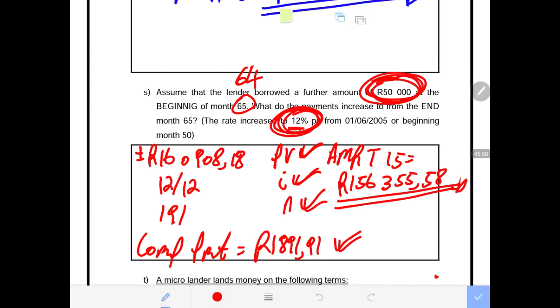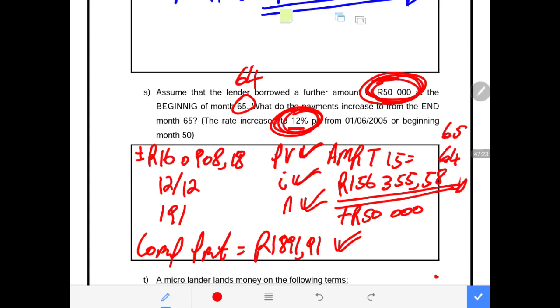At this point in time, this person is adding another loan and is adding 50,000 rands to the account. Now that is adding 50,000 rands, we need to calculate the new PMT, because this is a balance after payment number 64 was made. Then it's going to make payment number 65 after the borrowing of 50,000 at the beginning of the 65th month.